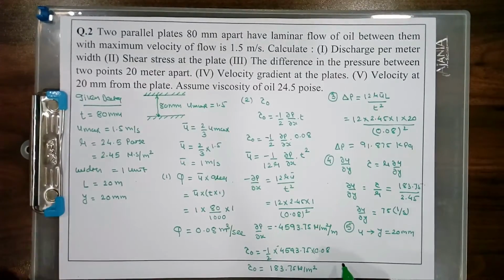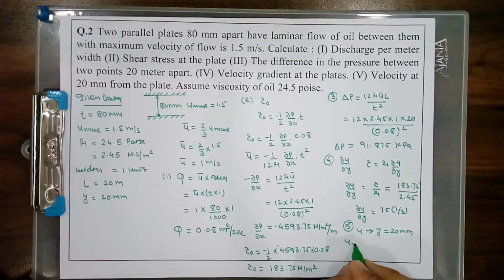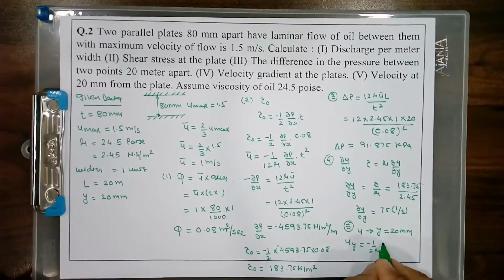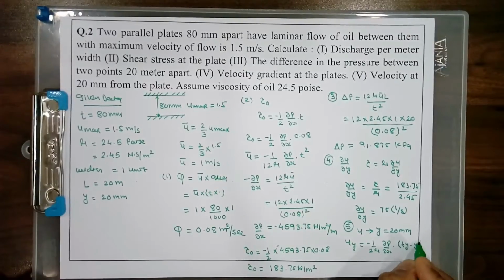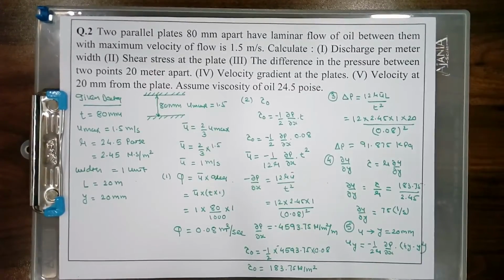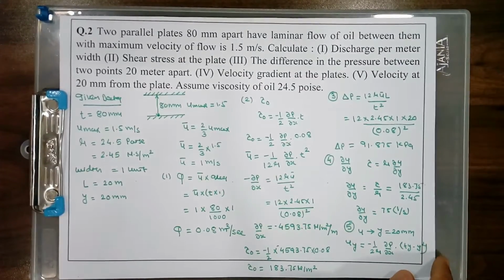We know the formula of u at particular y, that is -1/2 mu del P by del X into (Ty minus y square). So now students, we calculate this value.